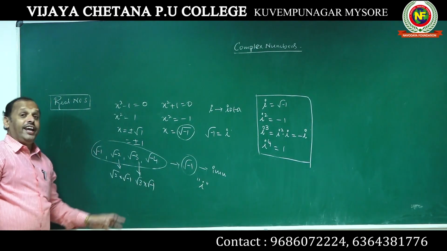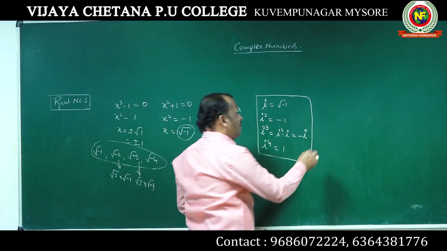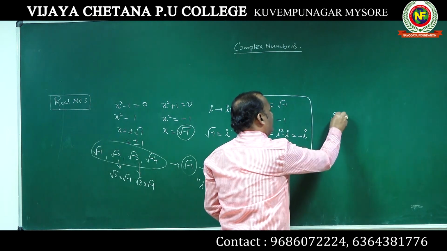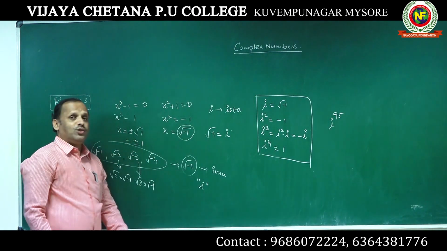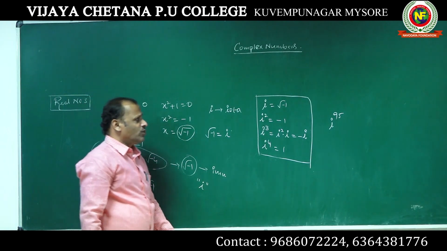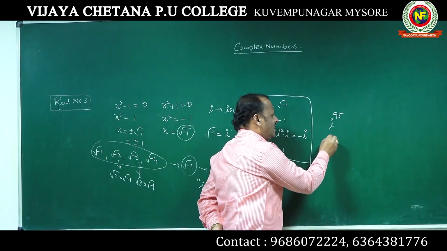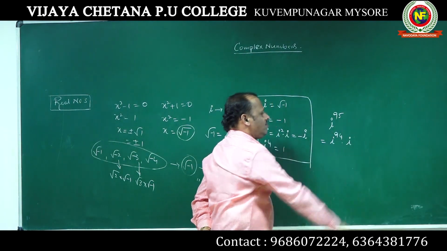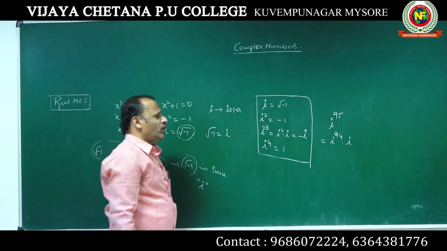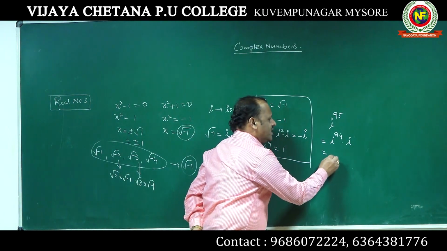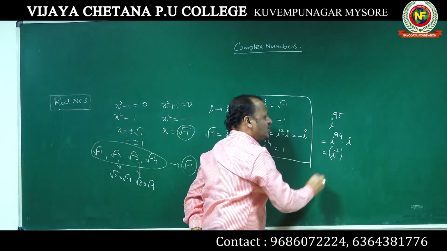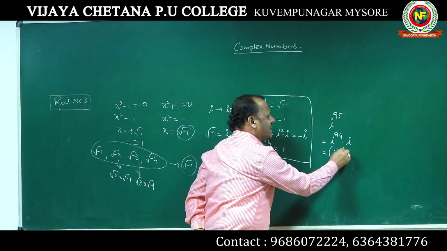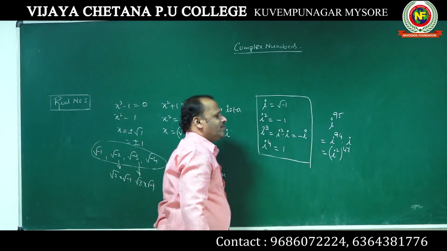Then, if we have i to the power 95, how to take this? It is very simple. Here i to the power 95 is i to the power 94 into i. Now this is i square to the power 94 divided by 2, that is 47, into i.